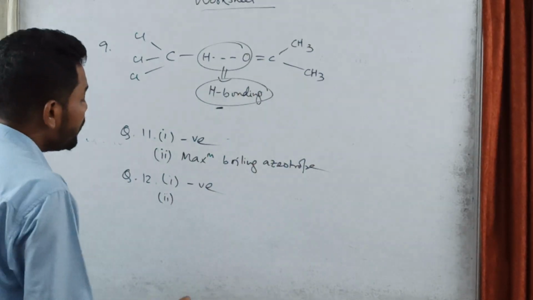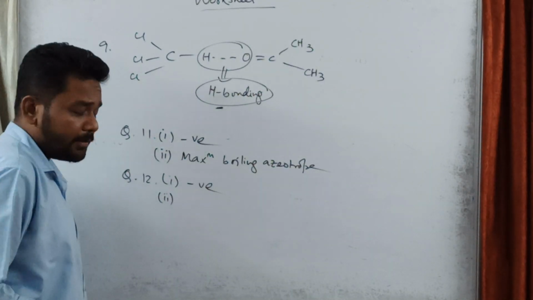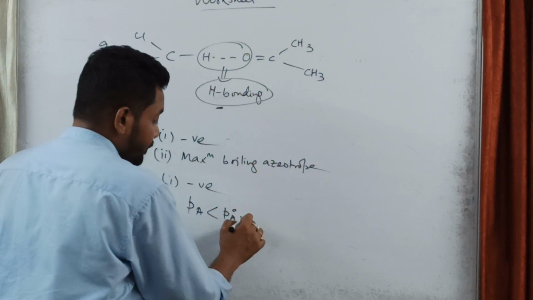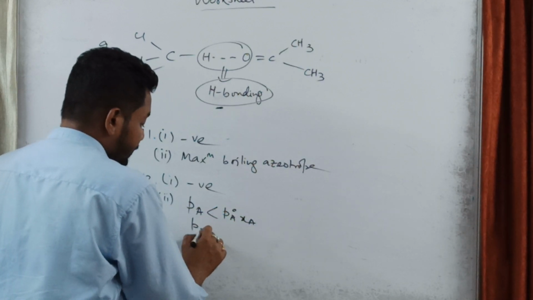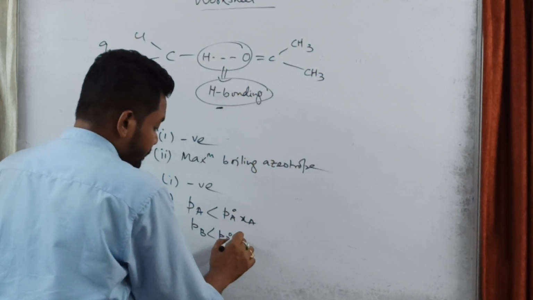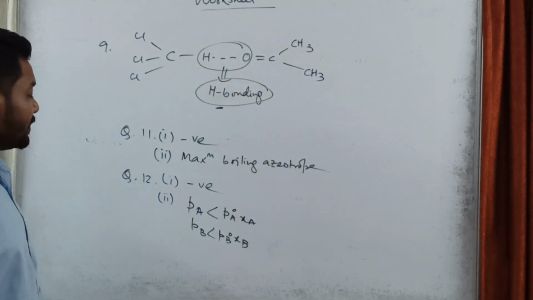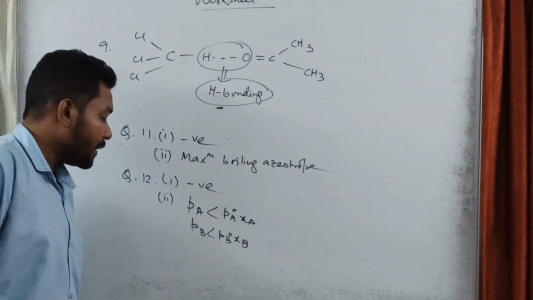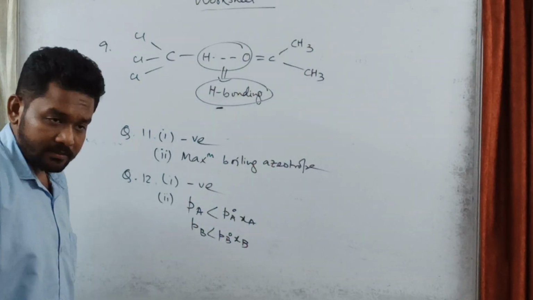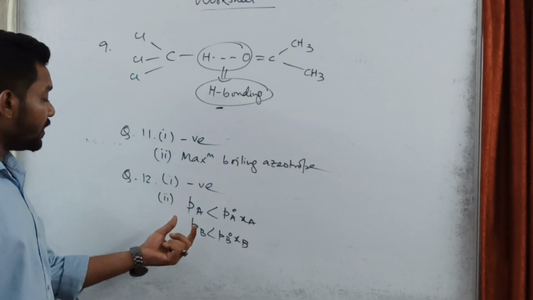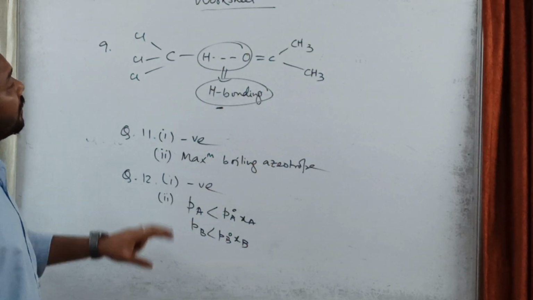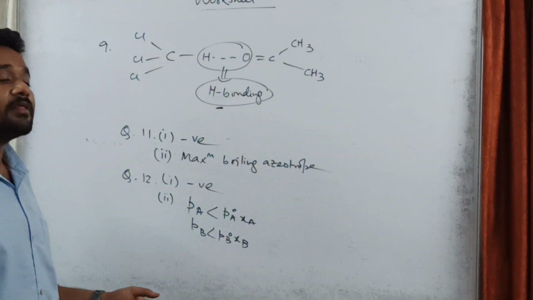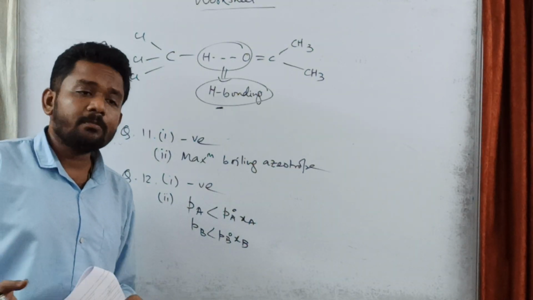You already know that when there is negative deviation, PA is always less than PA0 xA, and PB less than PB0 xB. In negative deviation, the observed value and calculated value are different, and the observed is less. In positive deviation, it is greater. So when there is mixing, there is hydrogen bonding, and due to the hydrogen bonding they become associated. When they become associated, vapor pressure decreases.